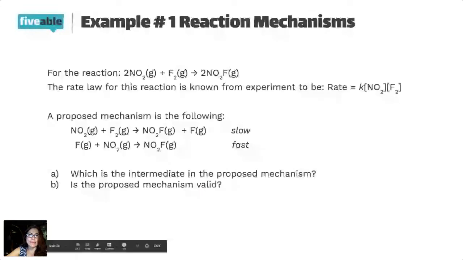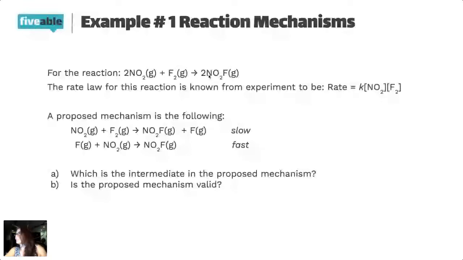Okay, so in this example, 2 moles of nitrogen dioxide and fluorine gas produce this product, NO2F, and they give us the experimental rate law, and it's known to be this one.